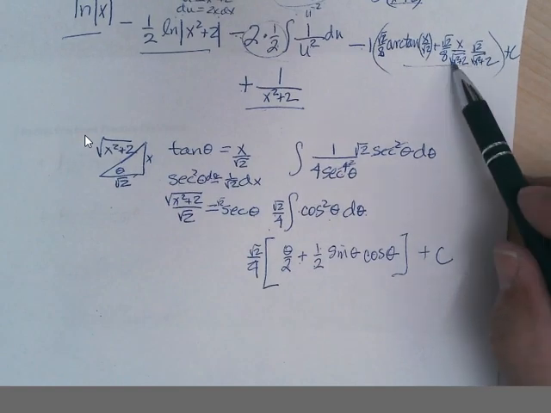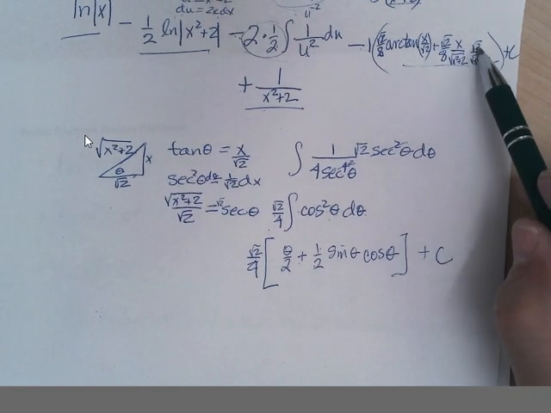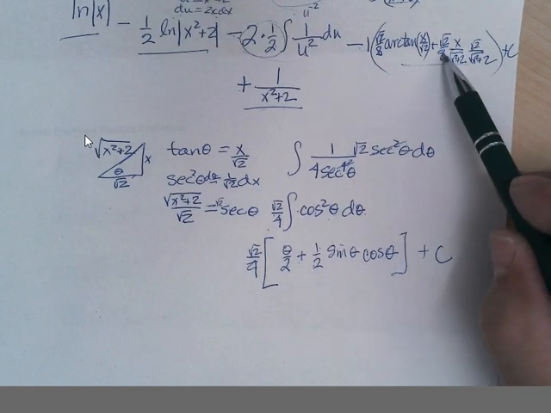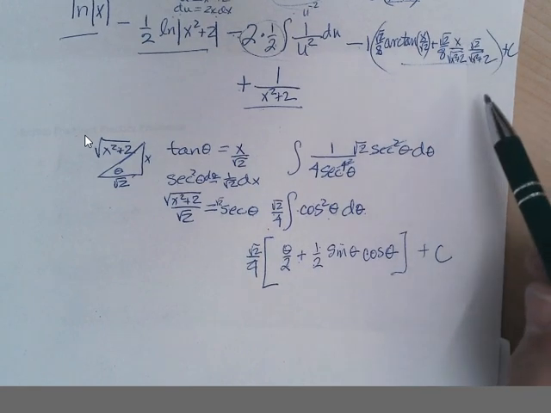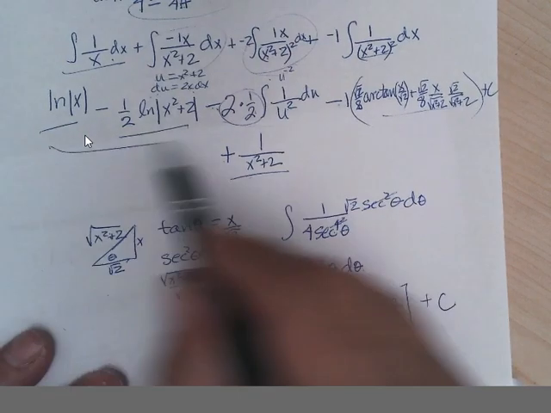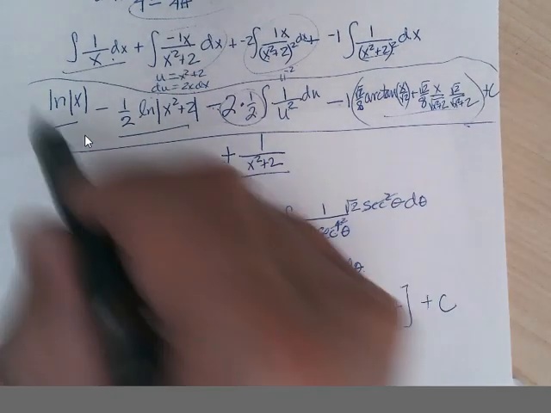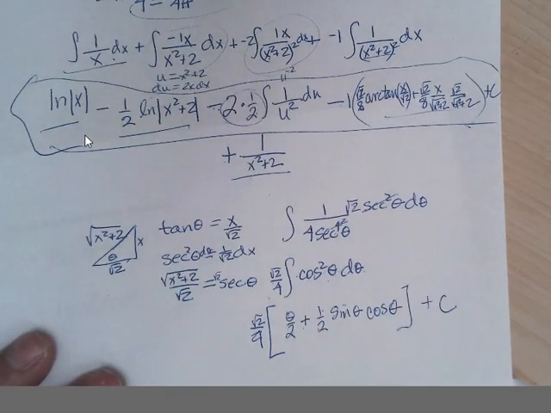And that would just be x squared plus 2 without square roots there, and the square root of 2 times square root of 2 would be 2, so it'd be 1/4 x and a minus 1. So yeah, that could be simplified, but that is an antiderivative right there.